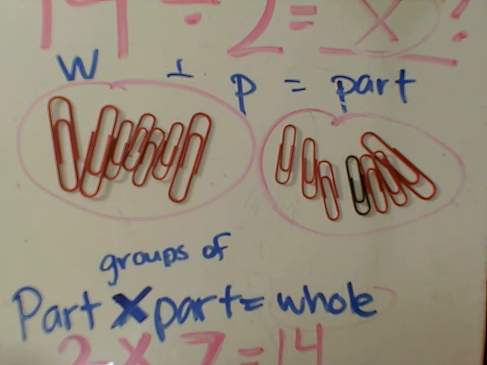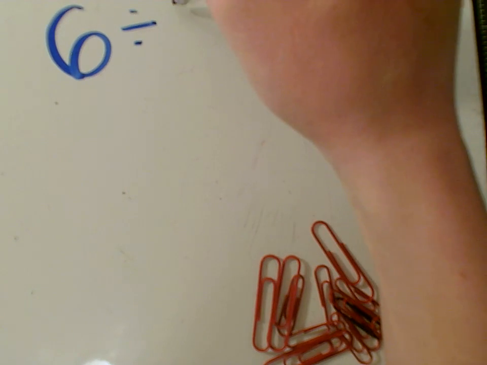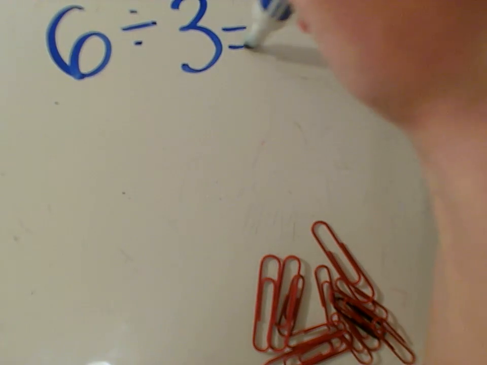Wow. Let's try another one. I want you to get out a piece of paper and a pencil, or you can just think of the answer in your head. Okay, so let's do 6 divided by 3.